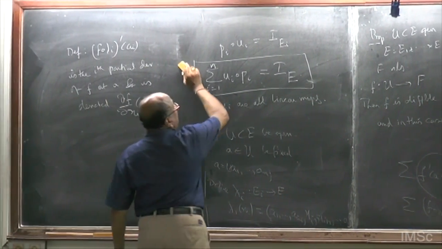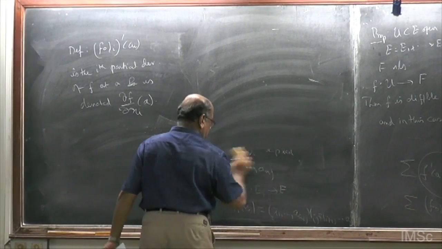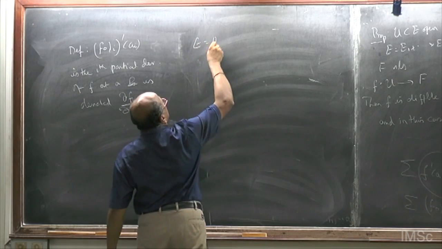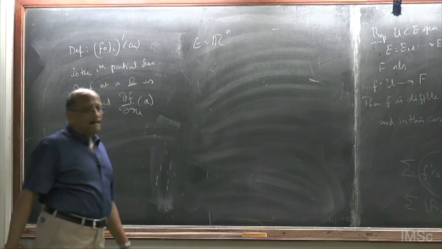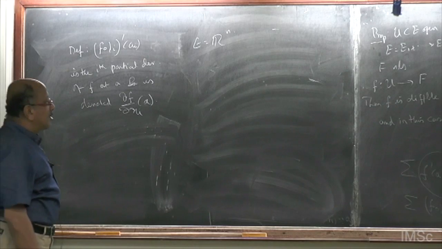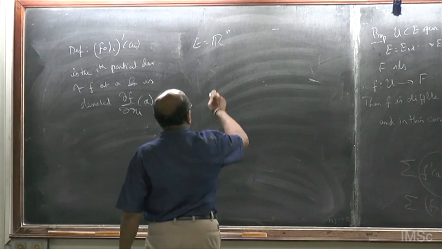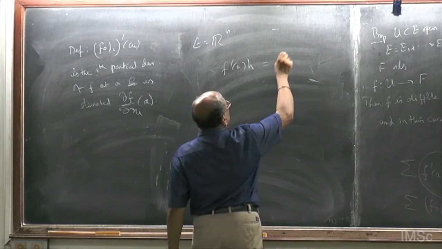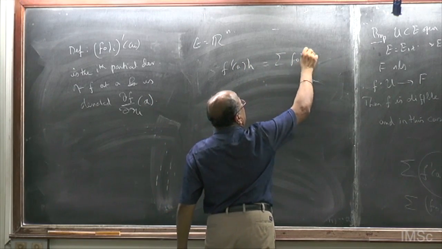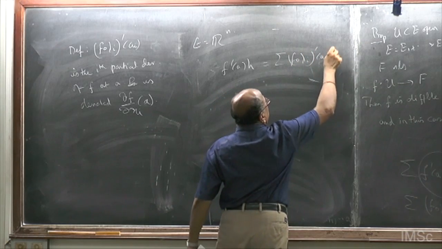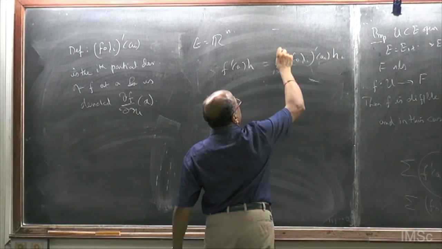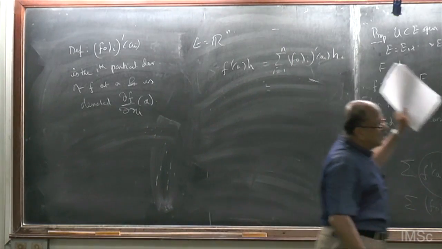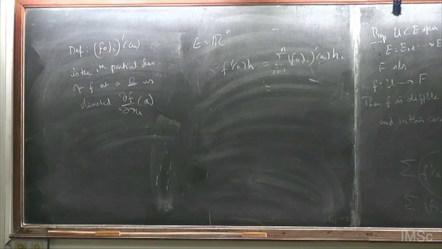So, now let us go to that formula and see. I am going to take E equals Rn only. Then what does that formula say? F dash at a acting on h is equal to sigma of (f composed with lambda I) dash at ai into hi, i equals 1 to n. And just now we saw that this is nothing but the usual partial derivative.